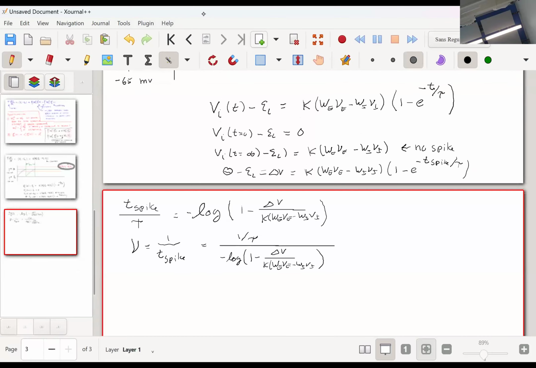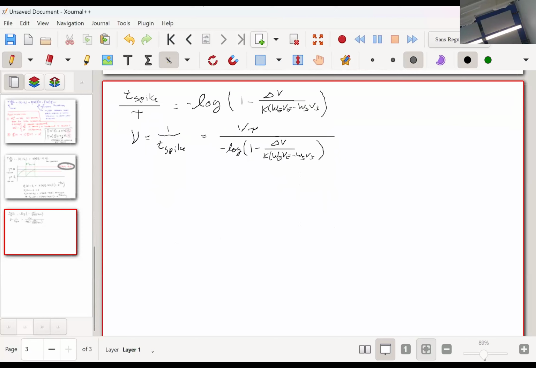Okay. So we actually don't yet know how big W_E and W_I are. We're going to find that out in a second. But we should plot this.